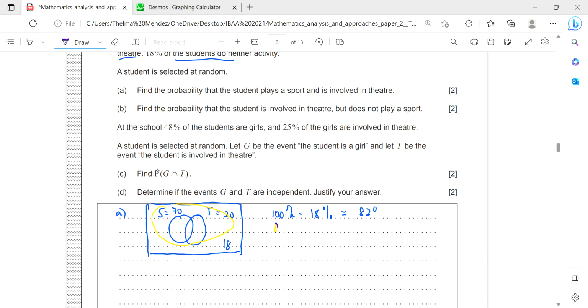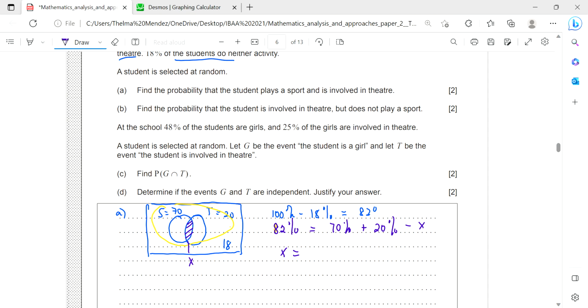So that 82% is a combination of 70% plus 20% minus the intersection here. Let's say that is x. So our x, which represents that the student plays a sport and is involved in theater, is equal to how many percent?